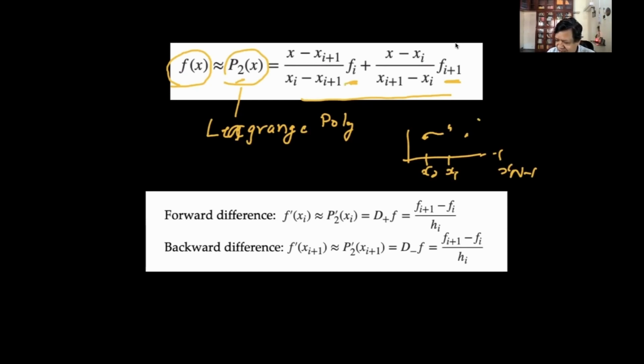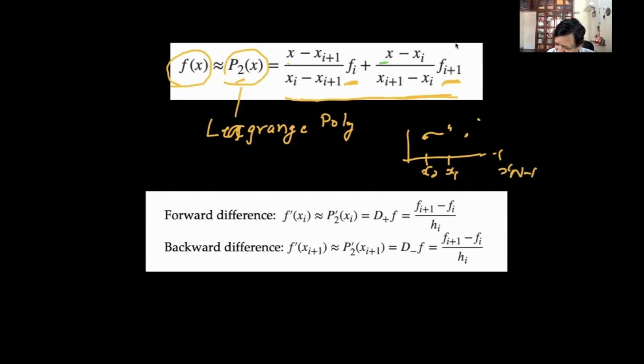You can of course take any 2 points, they are just adjacent points. This is a Lagrange interpolating function for 2 points. Now we can compute the derivative. This is straightforward. It's a linear function, so we can just compute it.